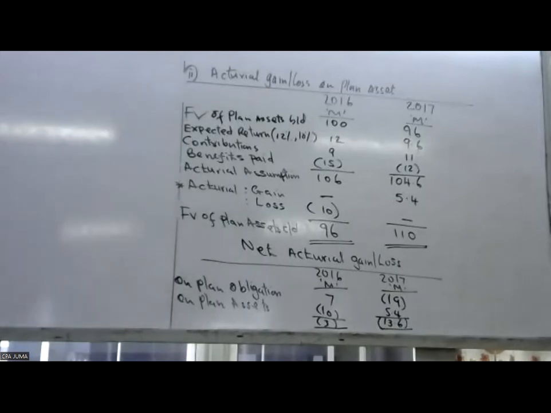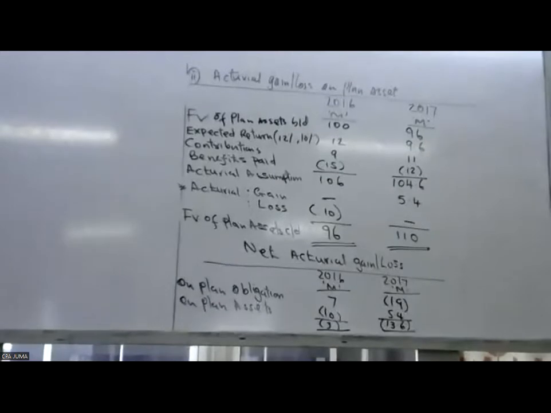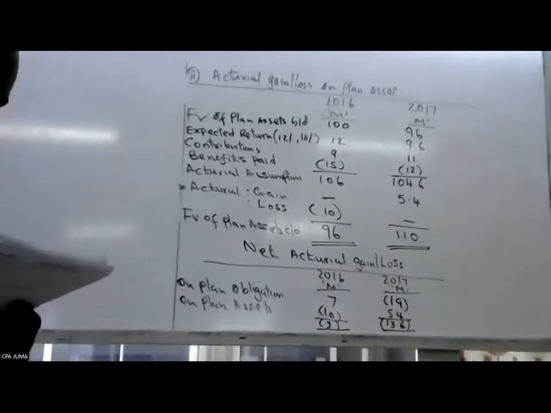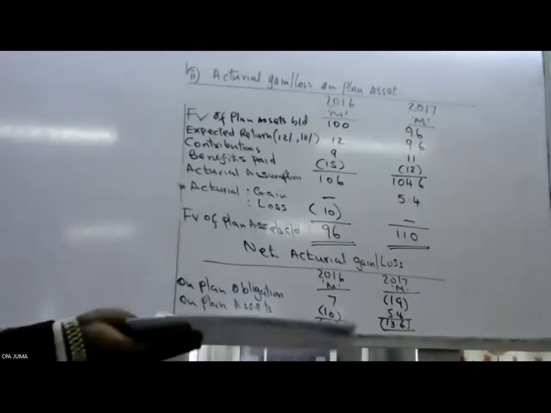That was Roman 1. So Roman 2 of the question, I hope you are done. In Roman 2, they want the net pension cost to be charged in the income statement. So I hope everyone is done with this.